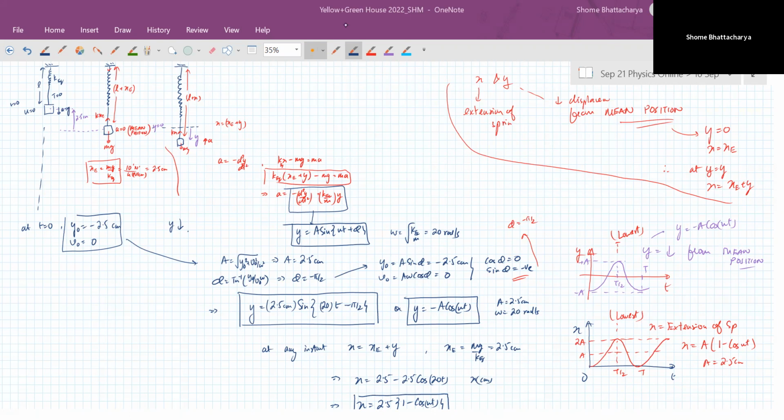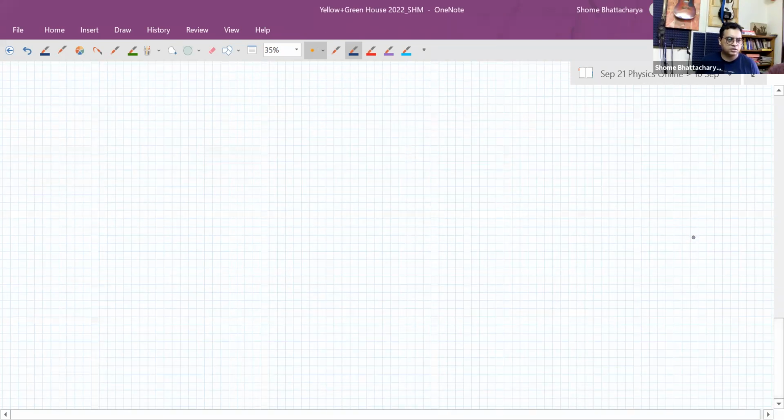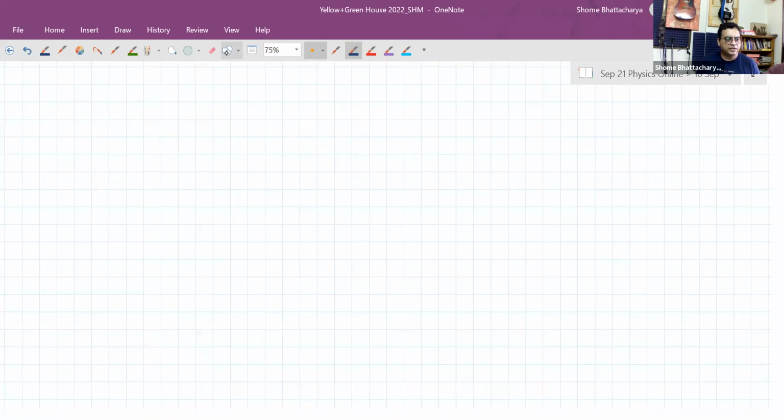Okay, so Diti, hope you've completed this part. Now to understand how the maximum extension is working out for the individual springs, we compare the state of the system: initial state, equilibrium state, and then maximum extension state. First, let's see for the equivalent spring.